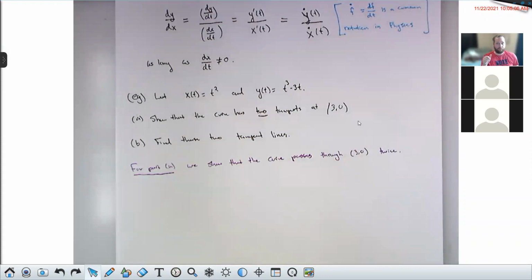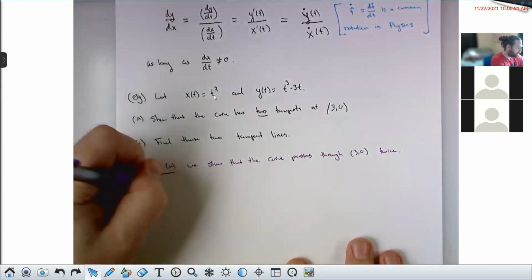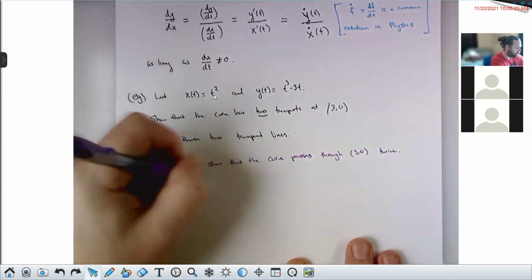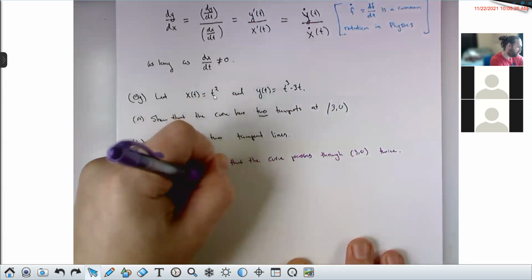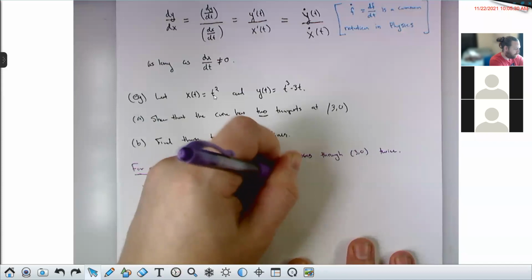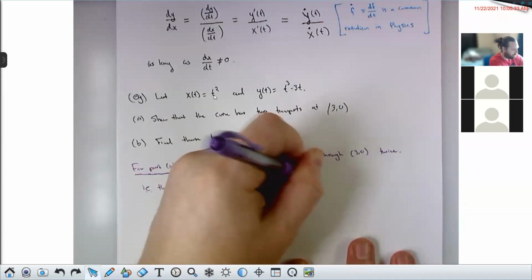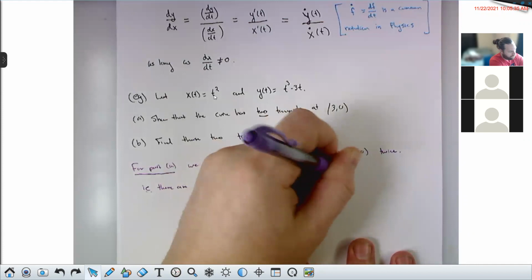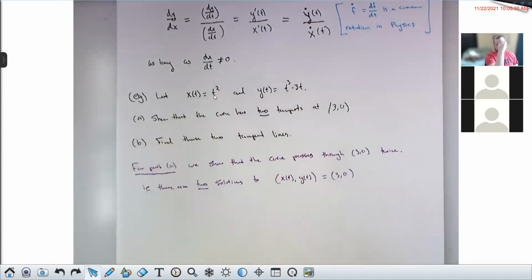What that would mean is that there are two different t values such that these equations go through this ordered pair, i.e., there are two solutions to (x(t), y(t)) = (3, 0). That's what we're trying to show.